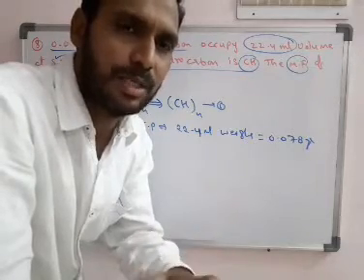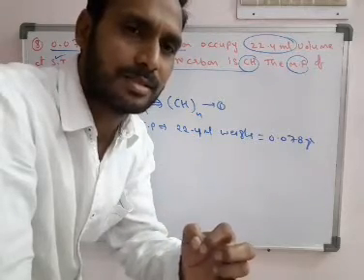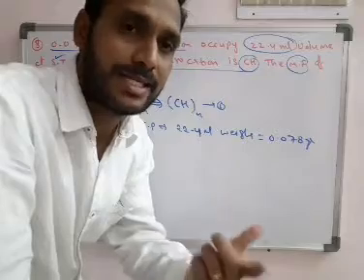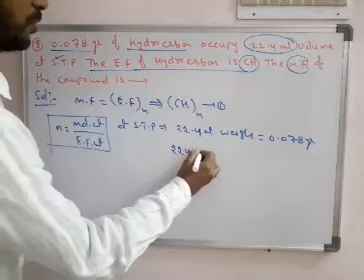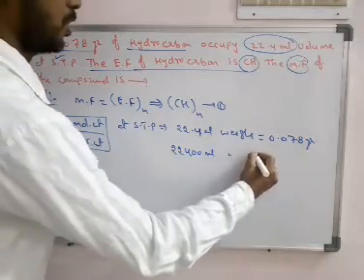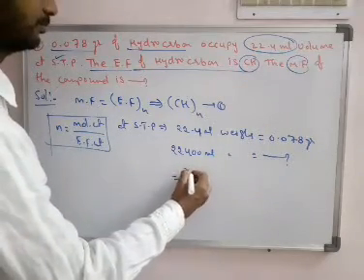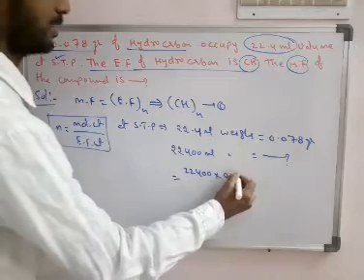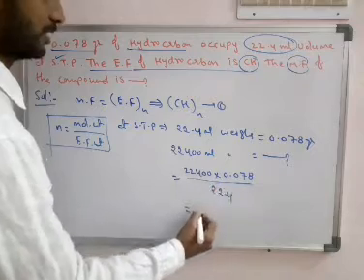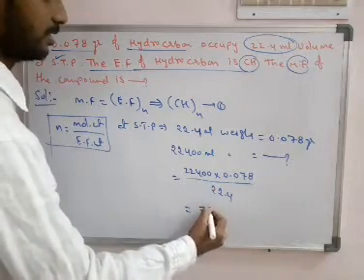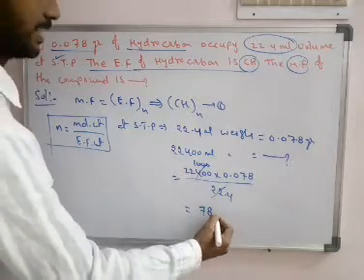It's given in terms of milliliters, so 22,400 milliliters of the gas has a mass equal to its molecular weight. So 22,400 milliliters of the compound weighs how much? That will be treated as its molecular weight. On this calculation, we will get exactly 78.